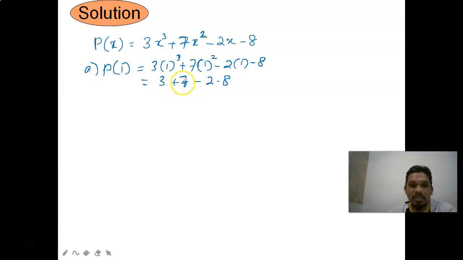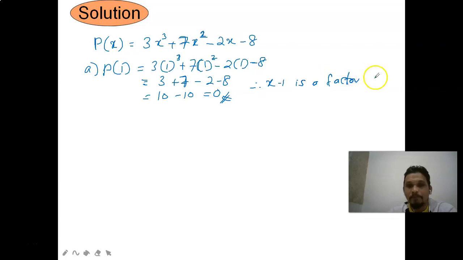So 3 plus 7 equals 10, and negative 2 minus 8 gives you negative 10. So 10 minus 10 equals 0. We come to the conclusion that x minus 1 is a factor of the polynomial P(x).